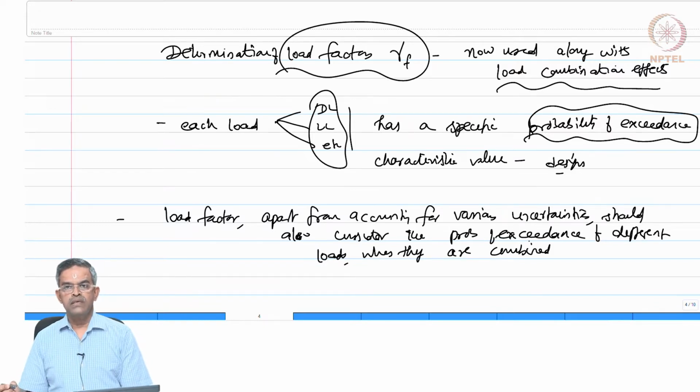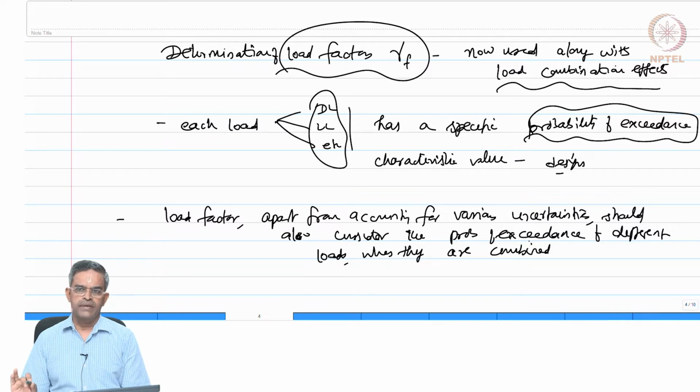In nature, they will act simultaneously. For example, in a marine structural system, wind load, wave load, current load will always be there. You cannot imagine a situation where wave load is absent, wind load is absent. You cannot have such a situation because these loads are essentially arising from the environment.